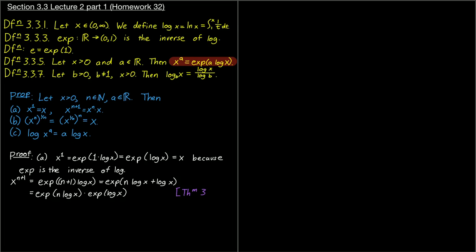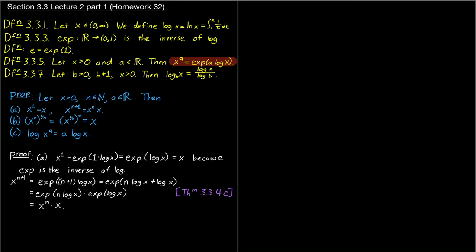And that's theorem 3.3.4c. And that, by definition, is x to the n times, as we saw before, x. So we have that integer powers do indeed match up with what we'd expect them to be.